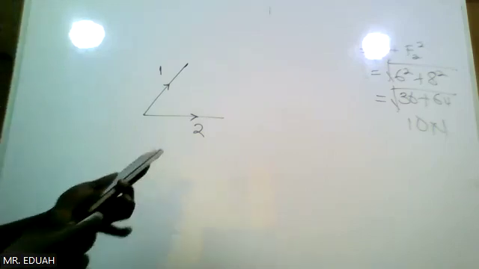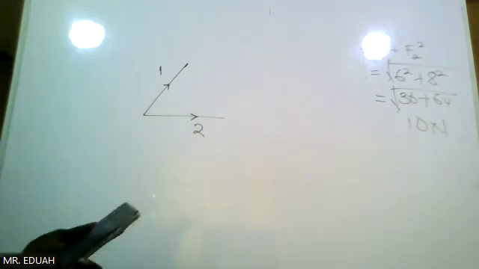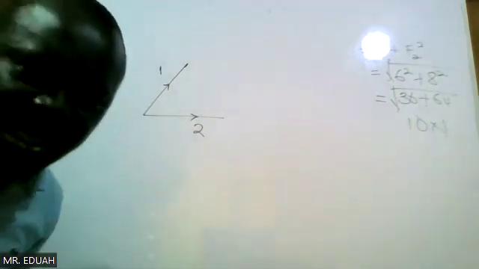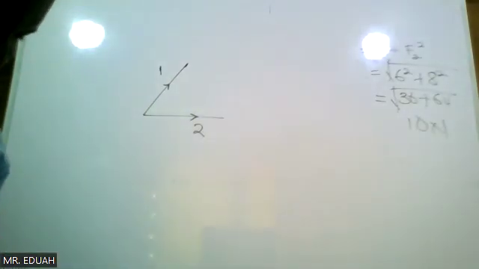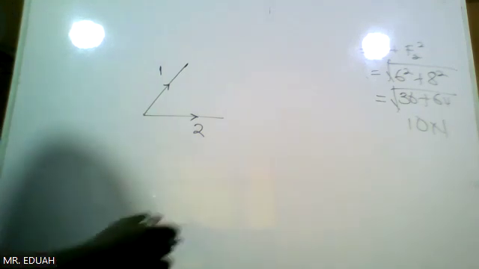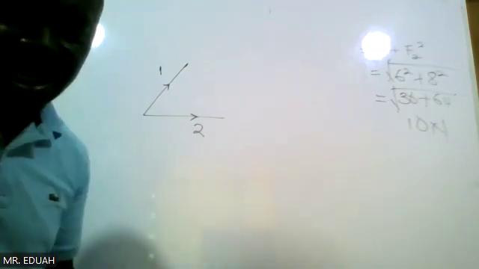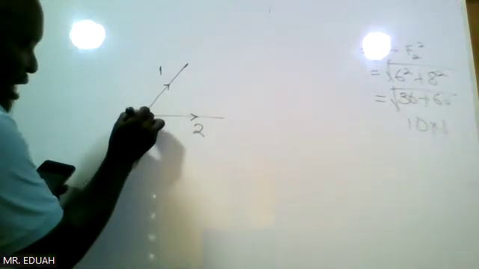Then we have A, B, C, and D. Which vector best represents the resultant of the concurrent forces 1 and 2 acting at this point?